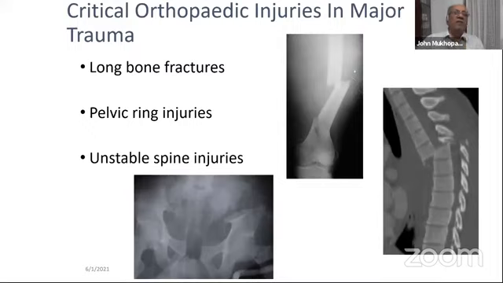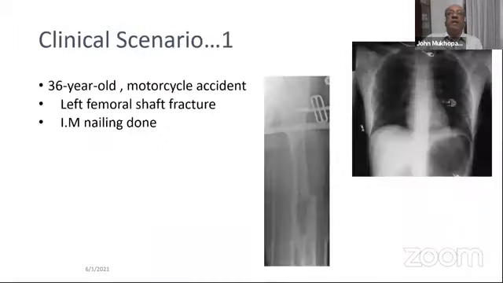Fractures which cause major blood loss or significant pathophysiological changes among the orthopedic injuries include the long bone fractures, especially femoral fractures, pelvic injuries, especially unstable injuries, and of course, unstable spine injuries.